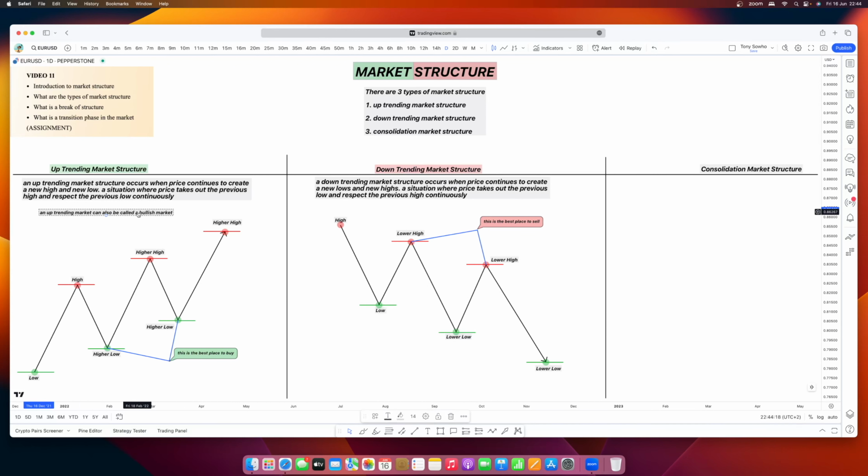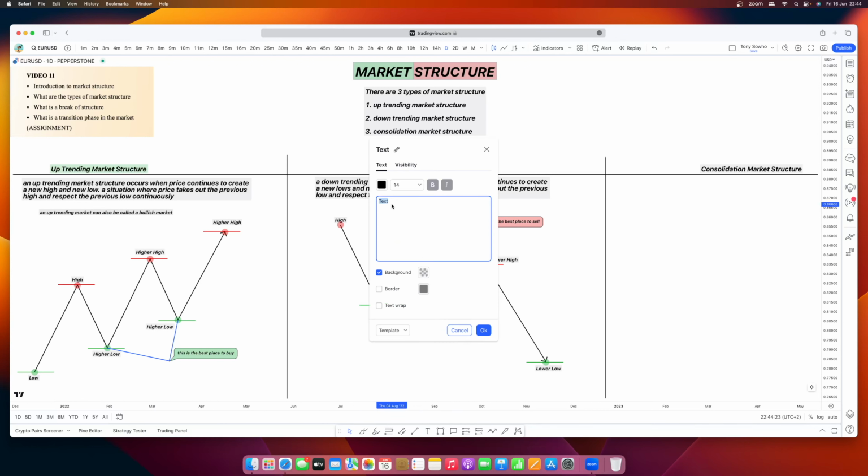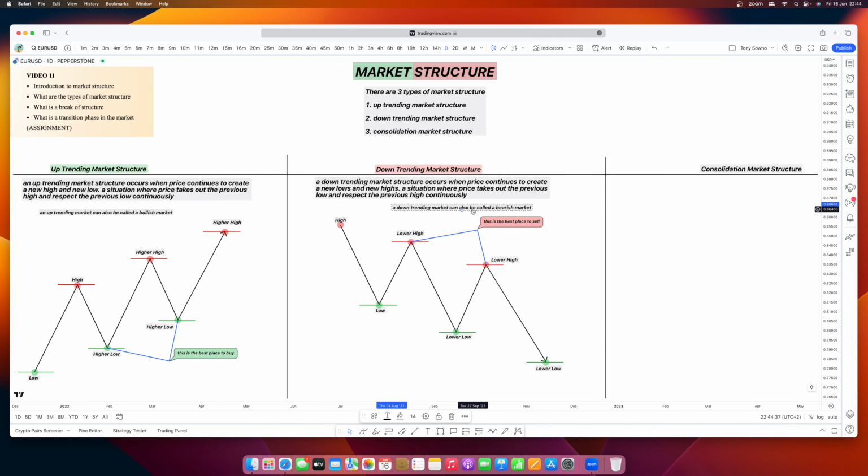And then a downtrending market can also be called a bearish market. So one is called a bull market, the other one is called a bear market. So that's bullish and bearish market.